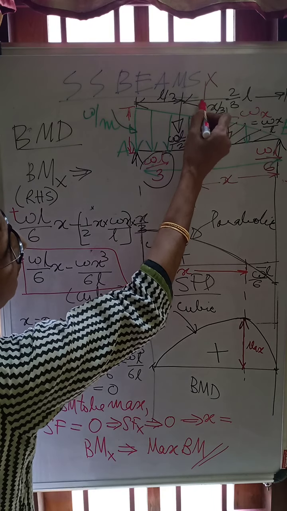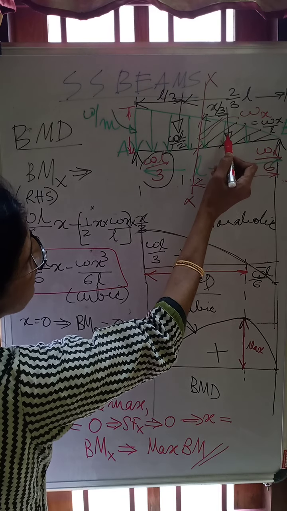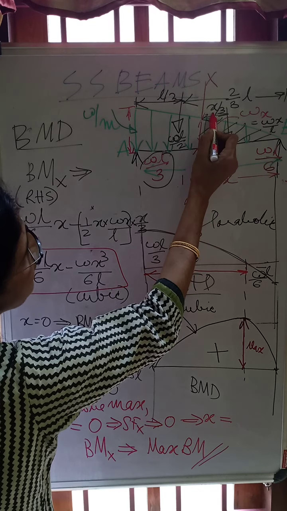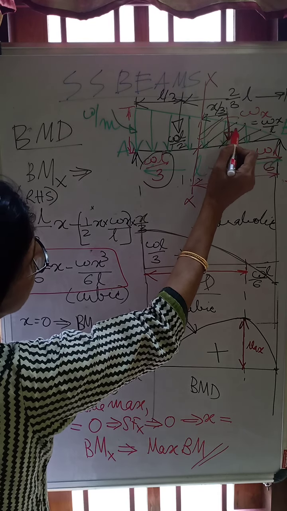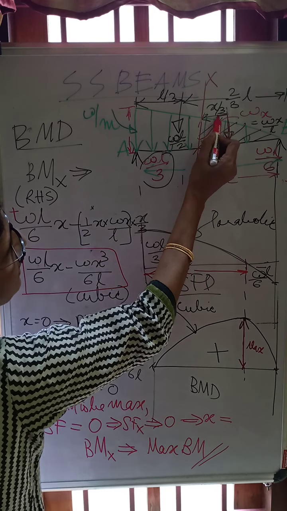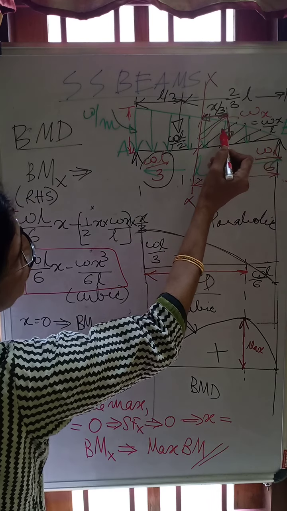So this particular loading about this section XX, I have taken this much area of loading, that is acting as the center of gravity of this much triangle. So I have marked here X by 3. So this is a concentrated load being converted for this particular area, and that is acting at X by 3 from this section line. From here it is 2X by 3.